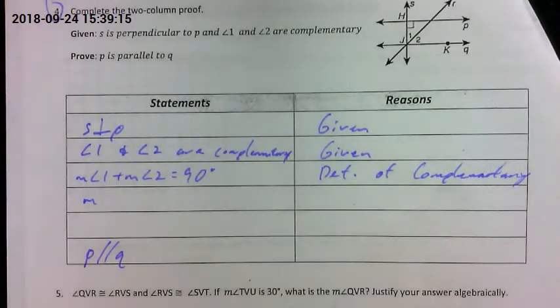I'm trying to remember which theorem that is now, because there's a theorem in 8.2, I believe it is, that says if you have a line perpendicular to a line that's parallel to it, then it's perpendicular to both lines. I think it's on that one.